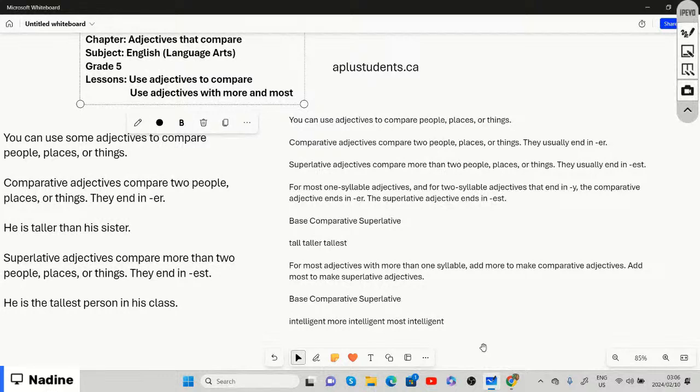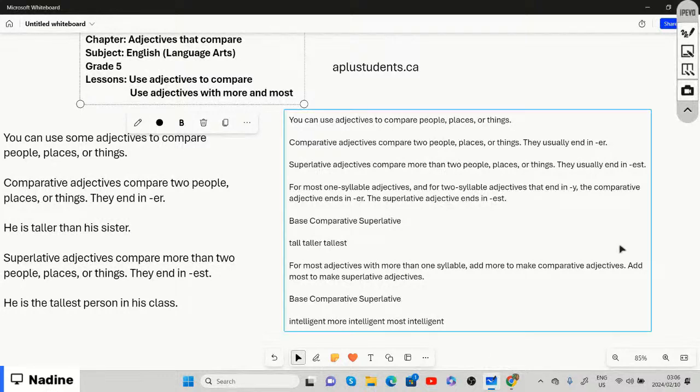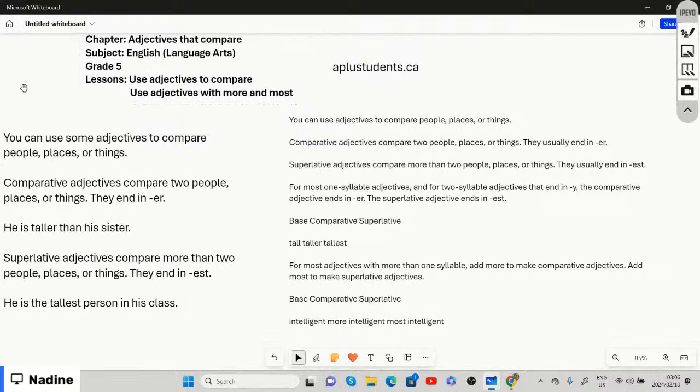You can use adjectives to compare people, places, or things, right?